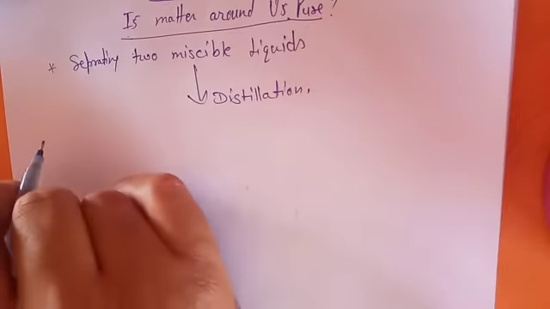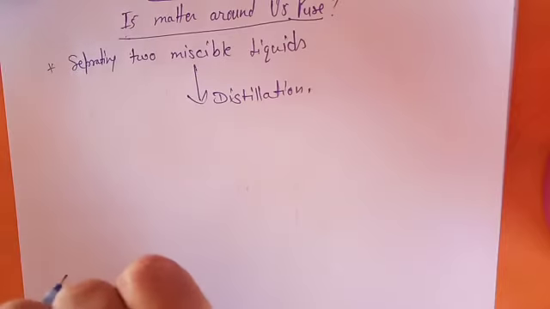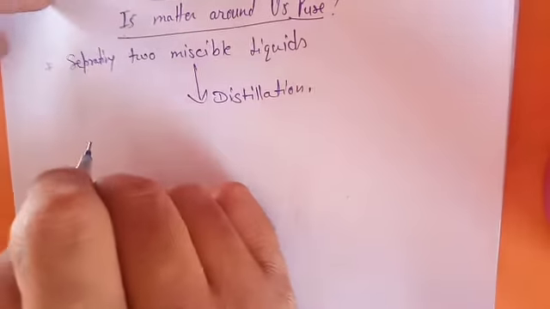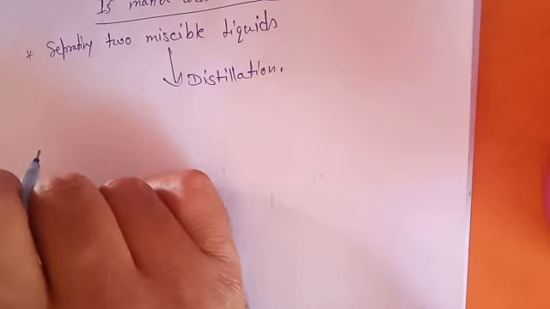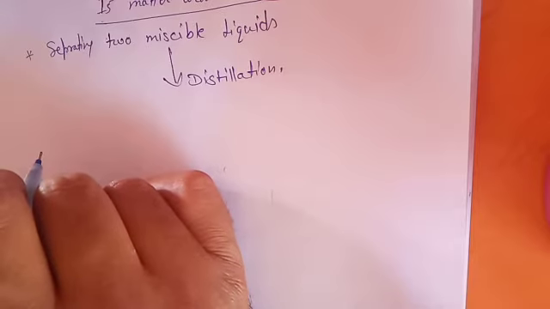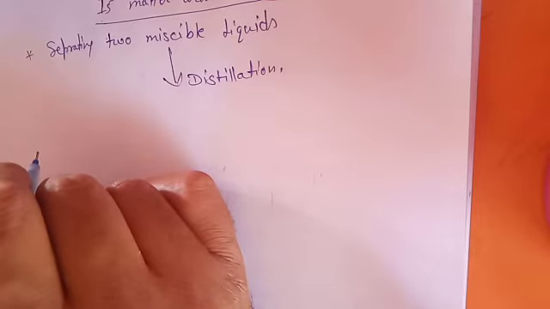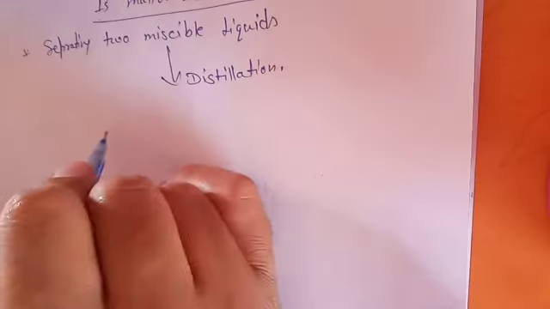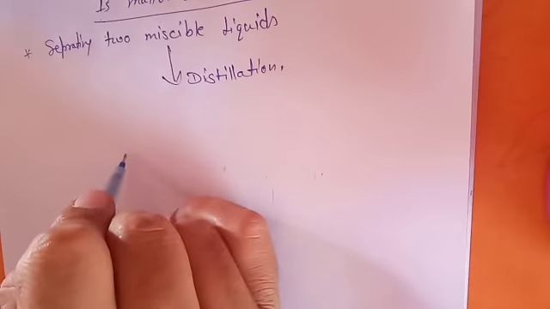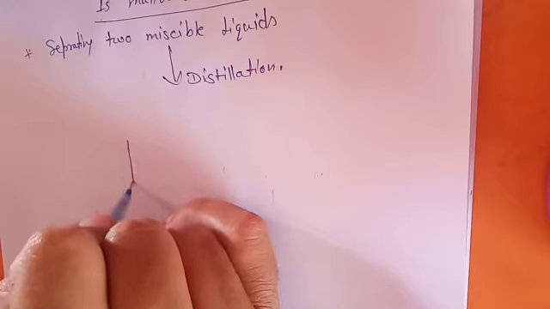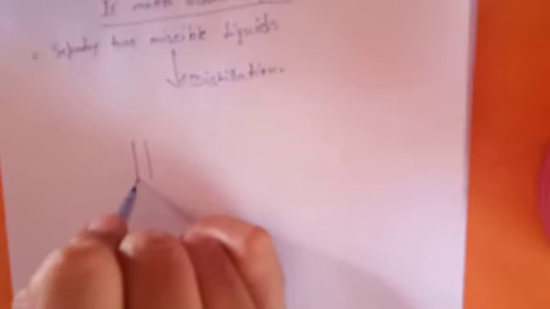In distillation, what we particularly need is a distillation flask. We need a distillation flask first. What is a distillation flask? It appears to be like this. Below is the round part.